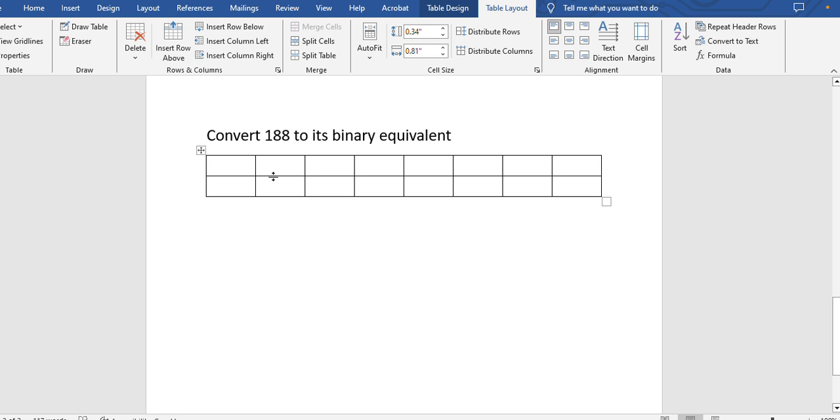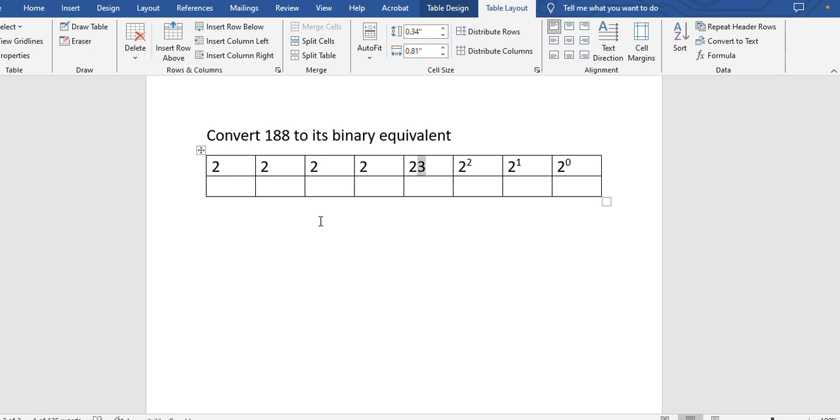The first step, I said that you draw the table with the binary values, and the table should have 8 columns. So you ensure that the table has 8 columns, and then you start with your powers of 2. The first one here is 2 raised to power 0.